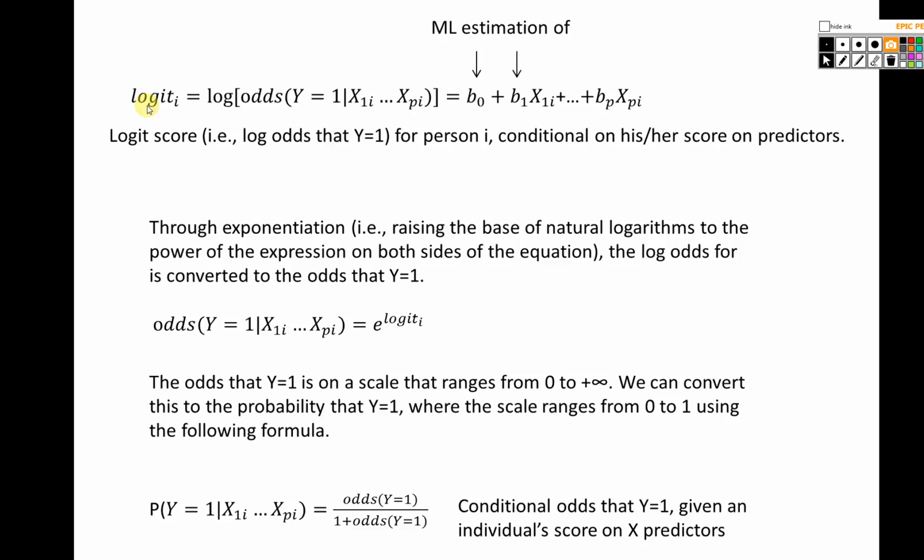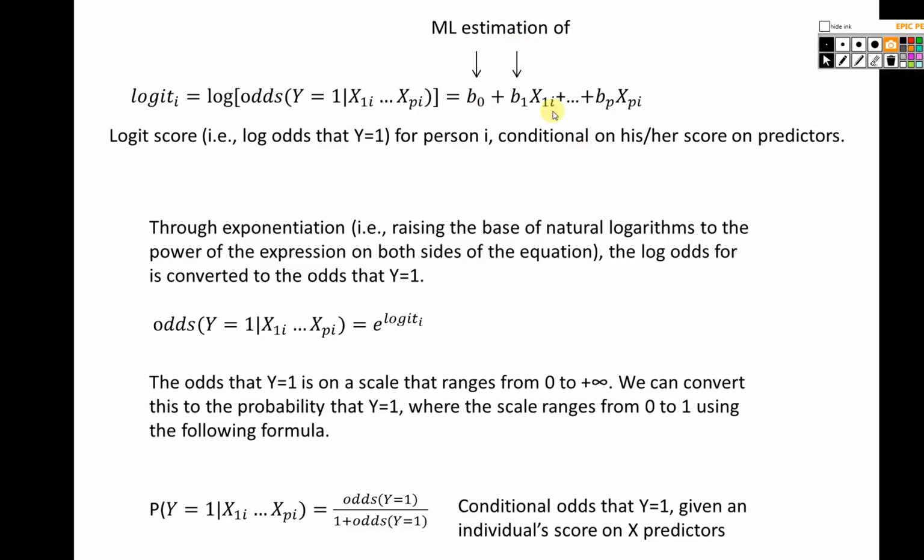Logit is computed as a linear function of the predictor variables. In logistic regression, the maximum likelihood estimation approach is utilized to estimate the values of the intercept as well as all the predictors in the model.